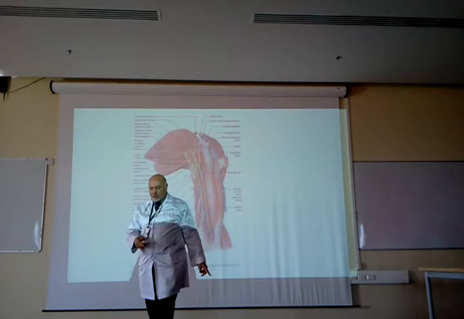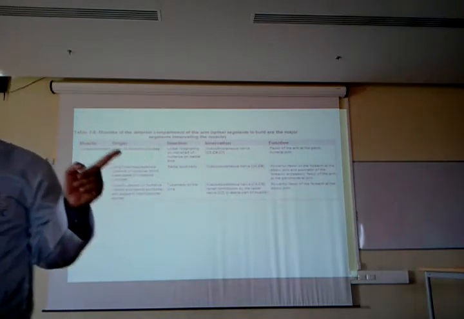After that, this picture. Here, coracobrachialis muscle. It arises from the tip of the coracoid process with the short head of biceps brachii.